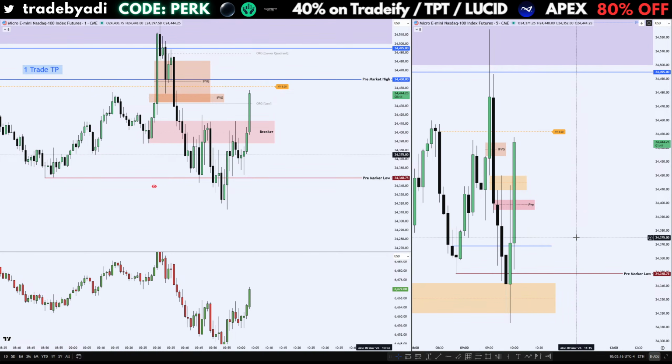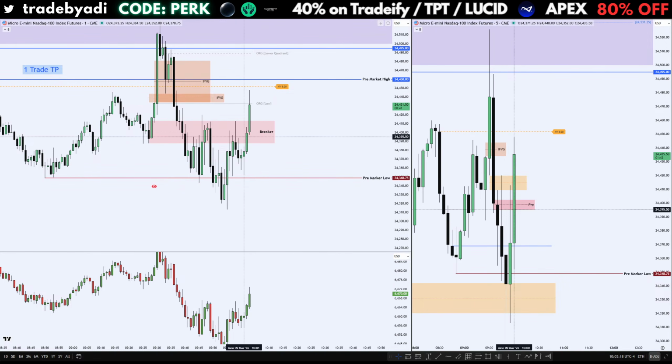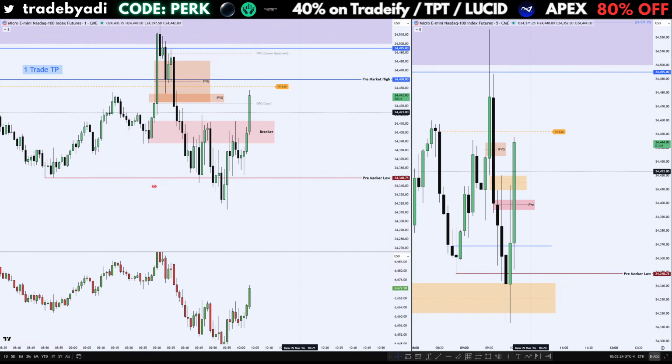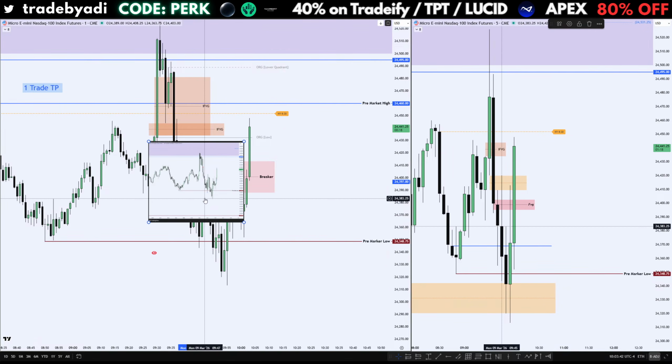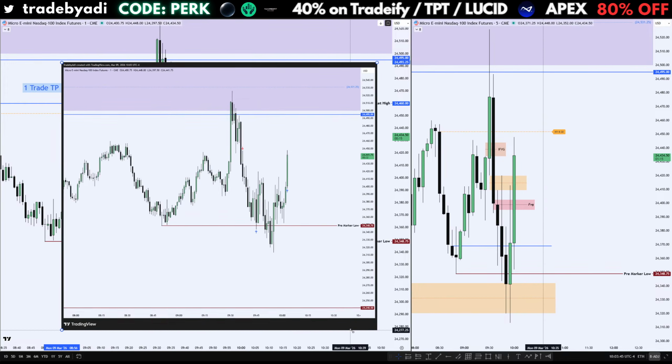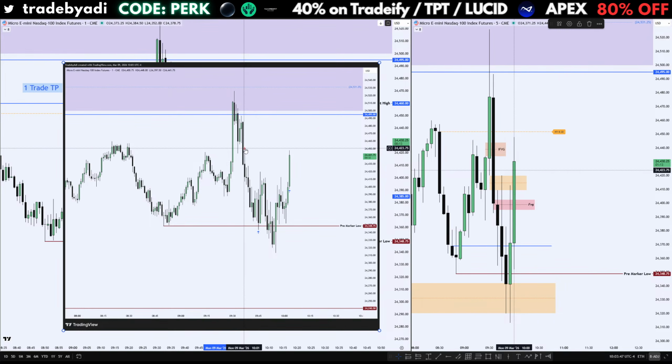Okay, so it has taken out my trailing stop loss, and I'm going to show you my trade also. So this is where I took a sell on this flip after having the market structure shift.